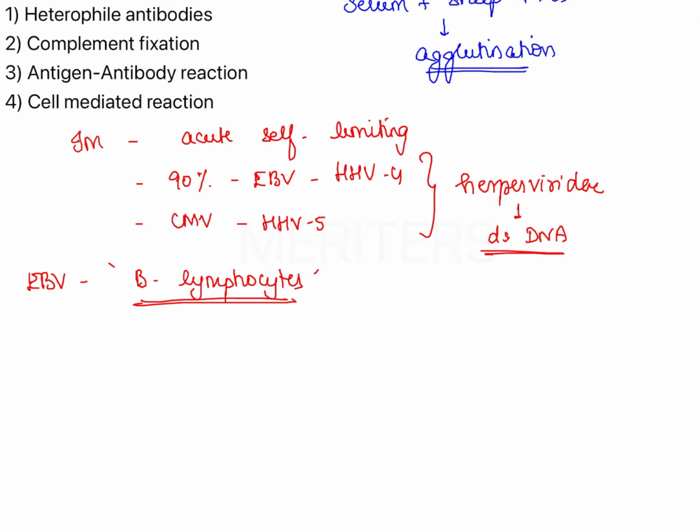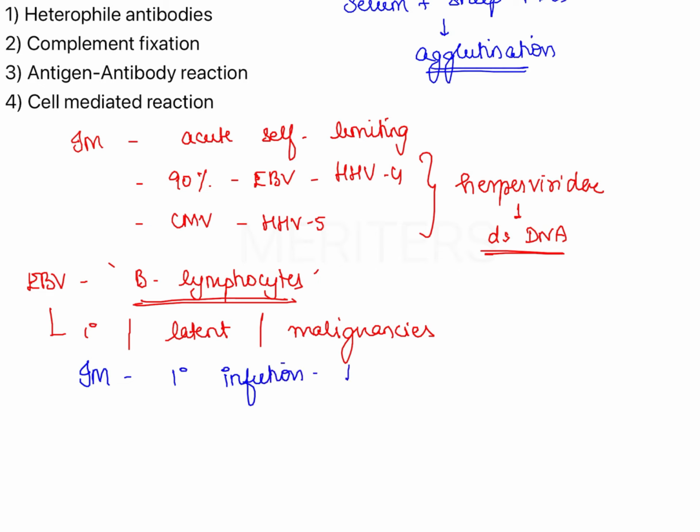Once the B lymphocytes are affected, it results in primary infection, or it can lead to some latent infection, or it can also result in malignant conditions associated with B lymphocytes, in which infectious mononucleosis is a primary infection caused by Epstein-Barr virus.